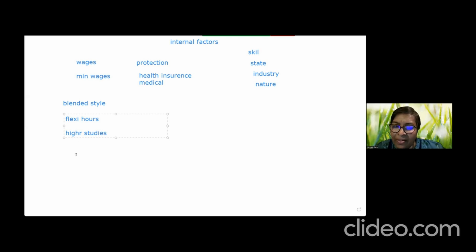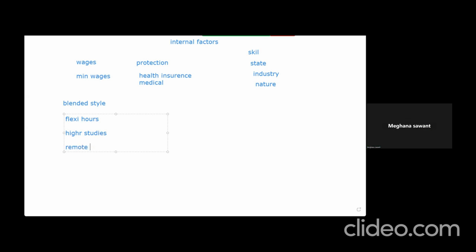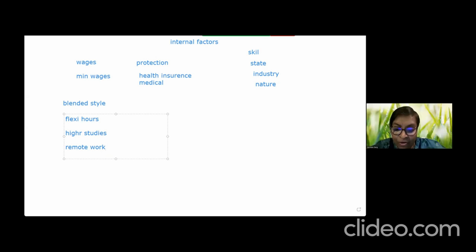They're also supporting remote work. Earlier, because of the COVID time, you had to come and work at a particular time. Now you have flexi hours and also remote work: you can work from anywhere, work from home, and from other locations.